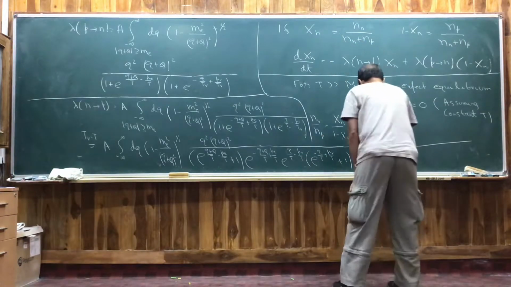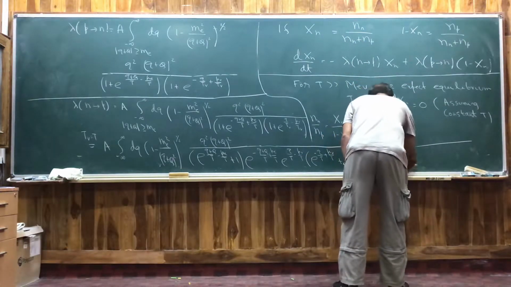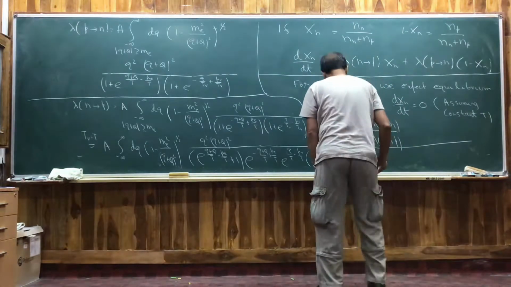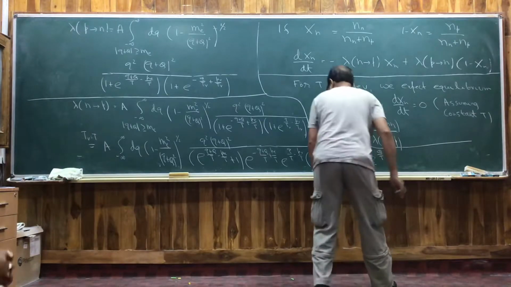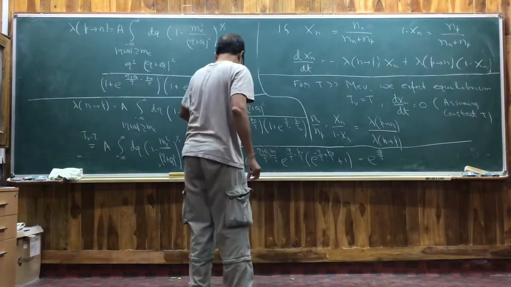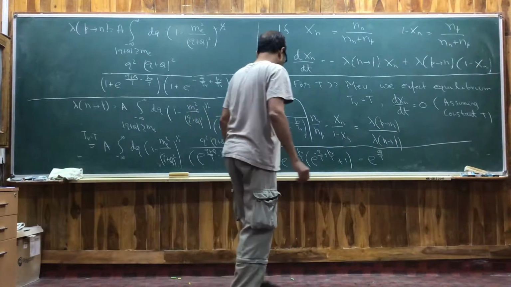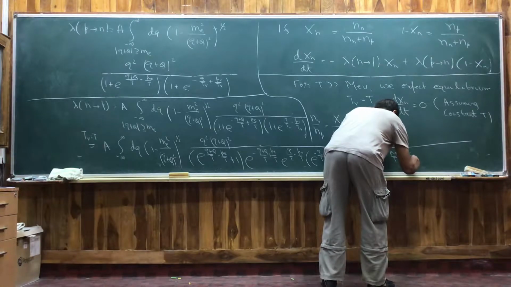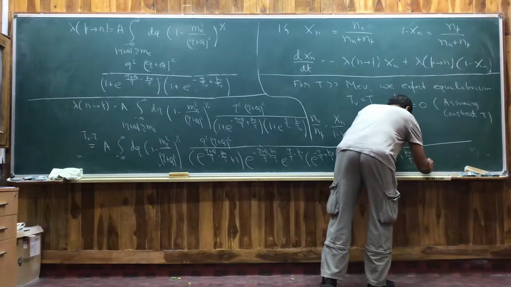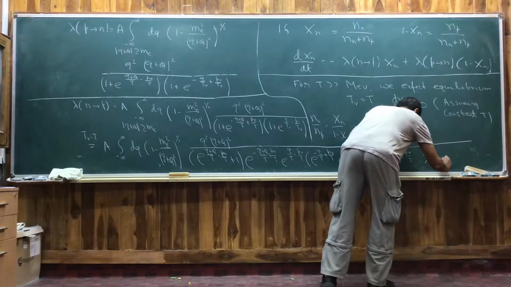So you can write this as e to the power Q by T, going in the numerator, minus mu e over T plus mu nu over T, times lambda p goes to n.